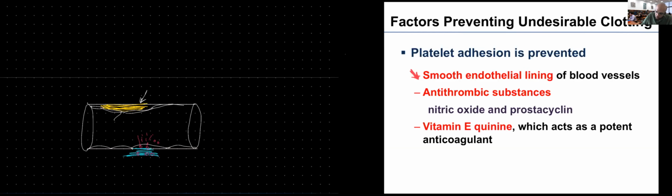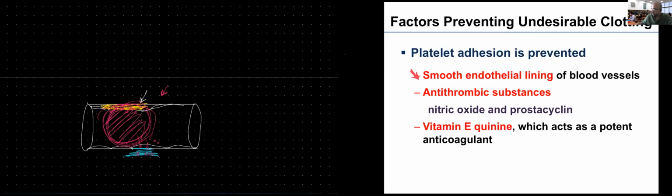They might rupture, causing the exposure of this rough surface. This is where platelets can adhere and start a coagulation process, although this blood vessel is intact, it's not injured. So I will start to form a blood clot in an intact vessel, which might result in a stroke or a myocardial infarction.